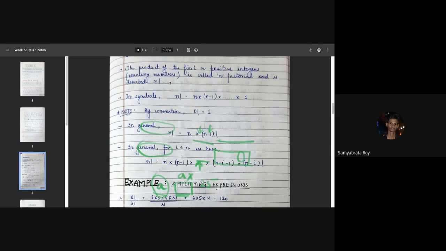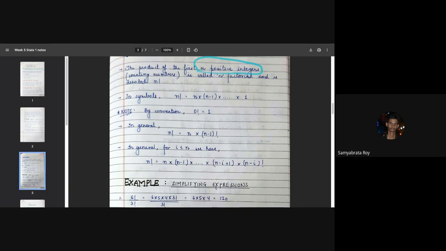Okay. Now, from this reducing choices, a concept arises called factorial. What is factorial? The product of the first n positive integers. What is an integer? Counting numbers.